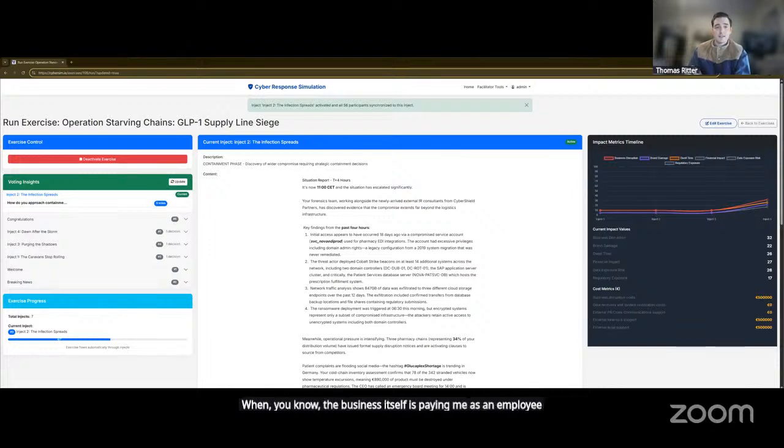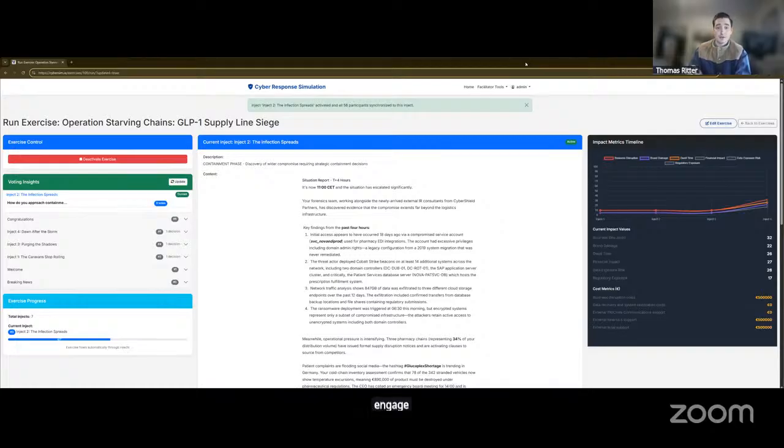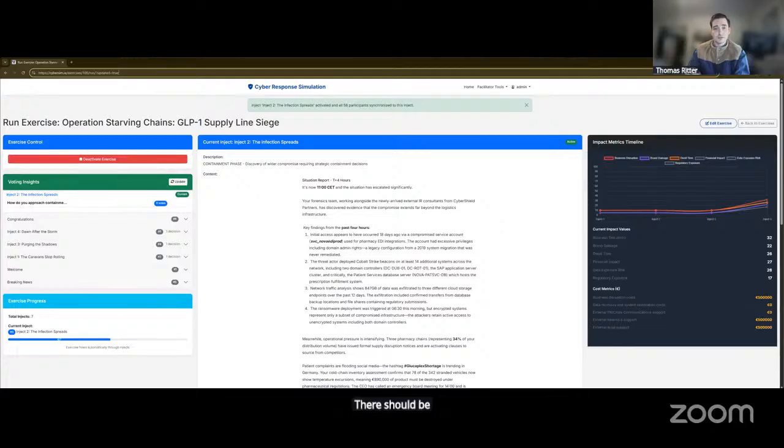So I think it would behoove the company and protect its legal interest to engage external counsel and have external counsel retain forensics on our behalf. So, as I said, we can really put our best foot forward on trying to assert that there should be privilege under the ensuing forensic work stream.